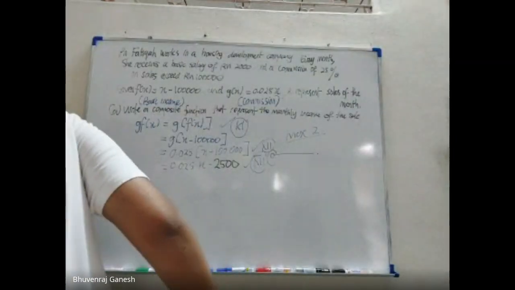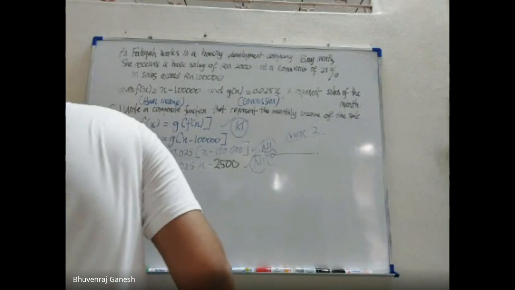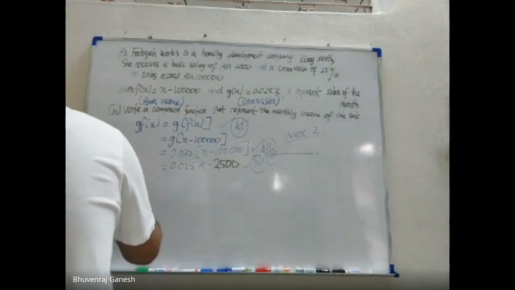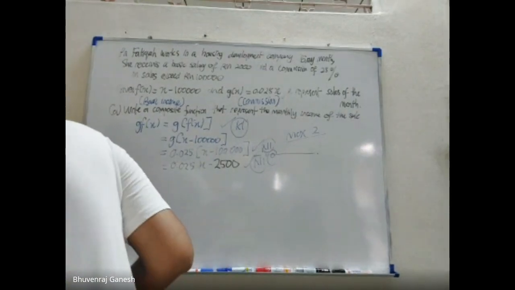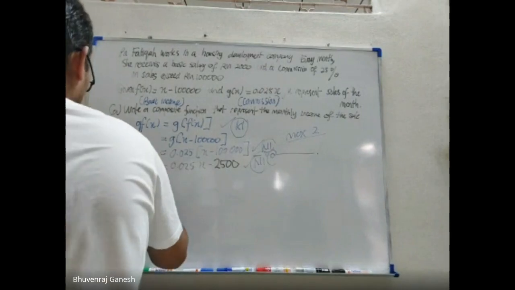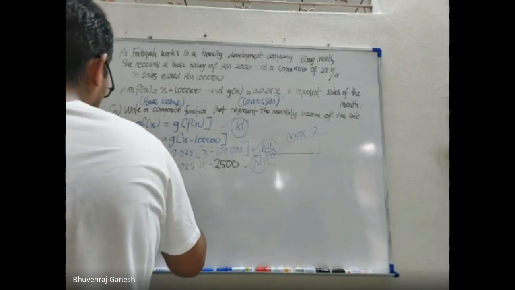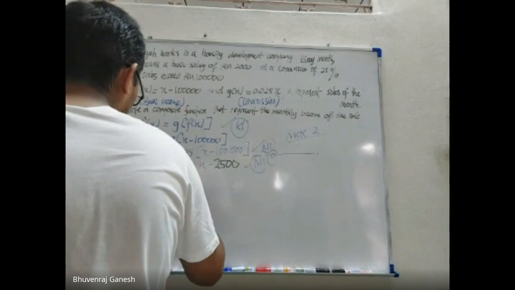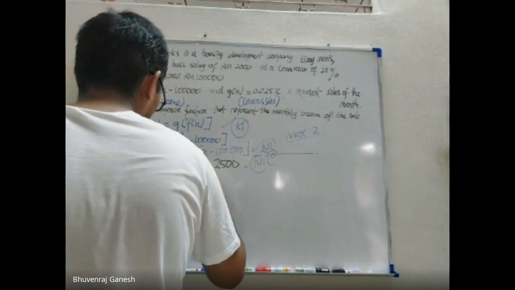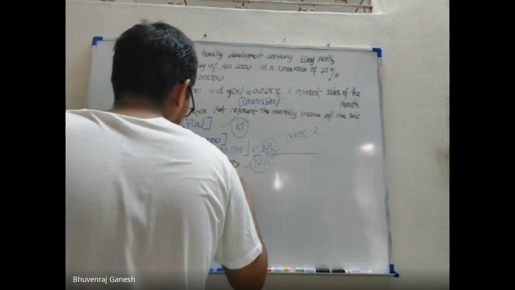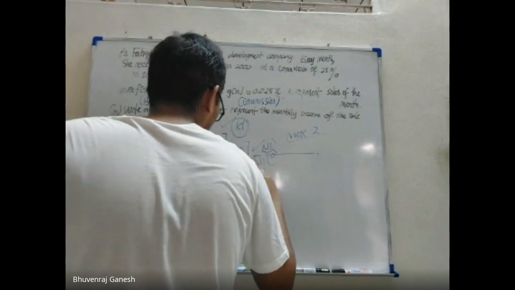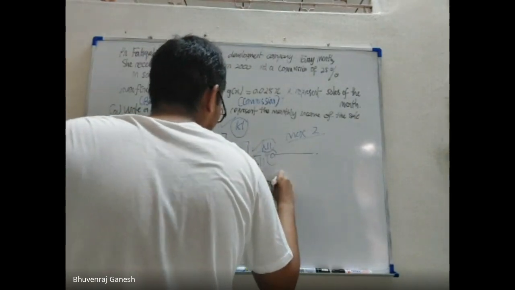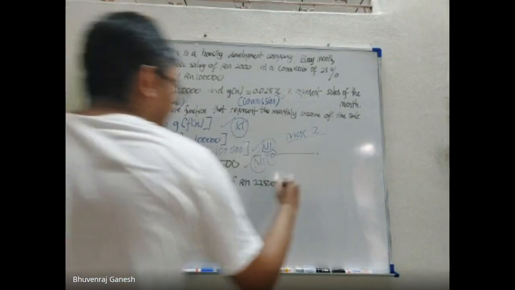So part B, now you start to calculate already. This is where you apply your understanding of this question. So part B, they say, if Fatika achieves sales of RM225,000 in September 21.